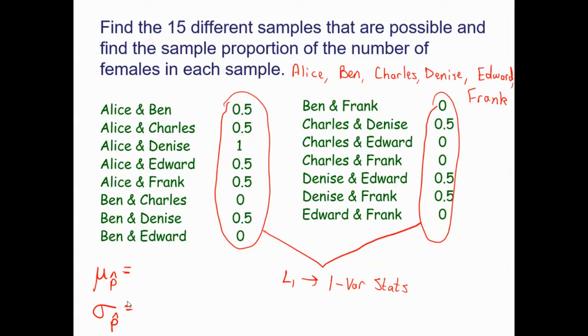Okay, so what are your means? 0.3. If I put that as a fraction, what would that be? 1/3. If you did it in the calculator, you get 0.3333, 0.3 repeating. So that's 1/3. Okay, what about standard deviation? Let's do 5 decimal places. Perfect.